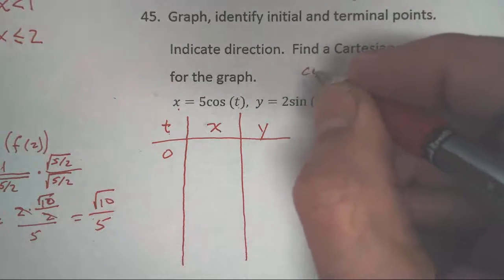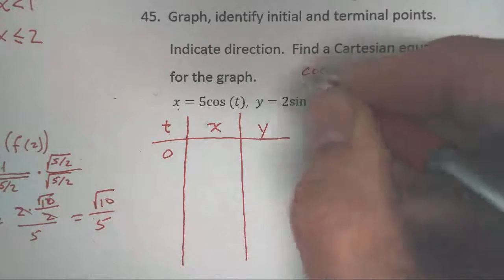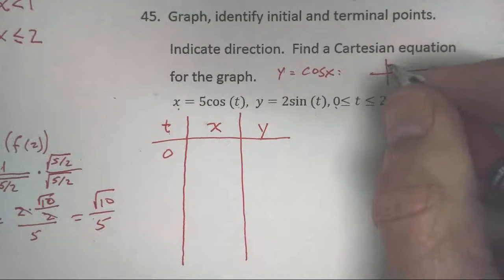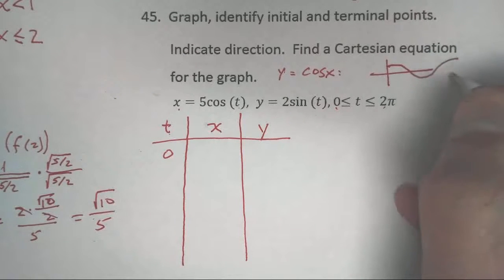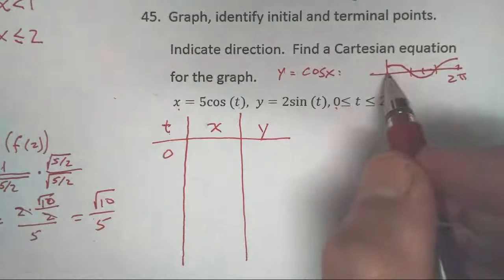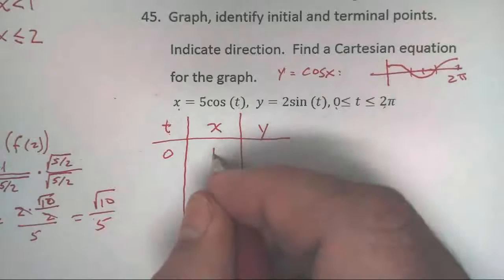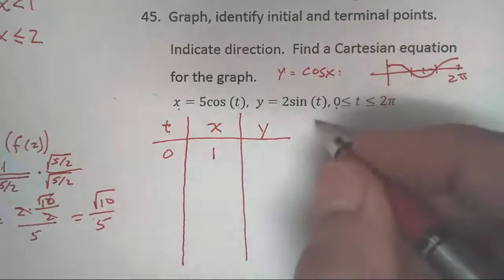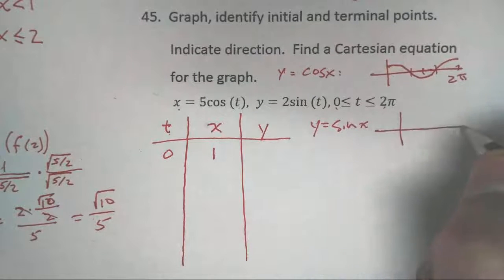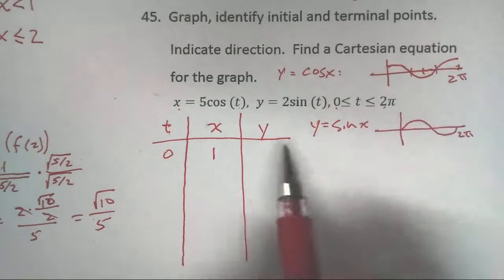All right, real quick refresher. Here's the graph of y equals cosine of x. It looks like this from 0 to 2 pi. So cosine of 0 is 1. Sine is similar, from 0 to 2 pi.